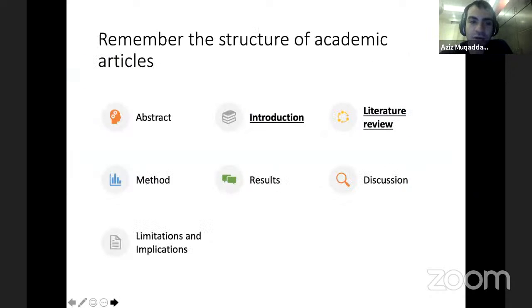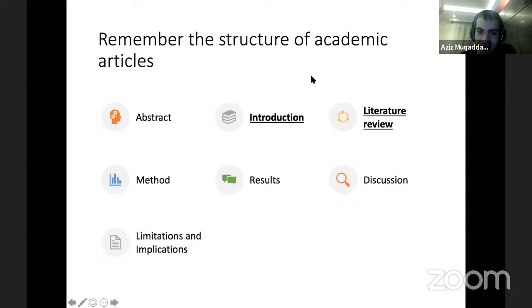If you remember, I outlined what the components of an academic article look like, especially an academic article in the empirical sense. It has this structure: abstract, introduction, lit review, method, results, discussion, limitations and implications, and then the reference section. But that's also true of any article.